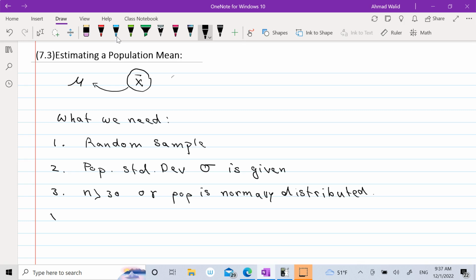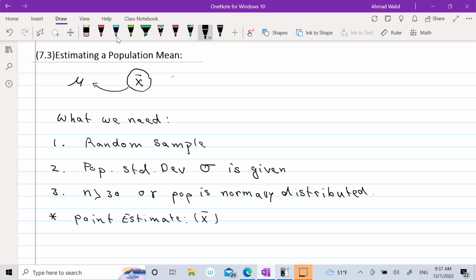Our point estimate, I'll put a star here, point estimate. The point estimate for mean is x bar, as I explained, correct?